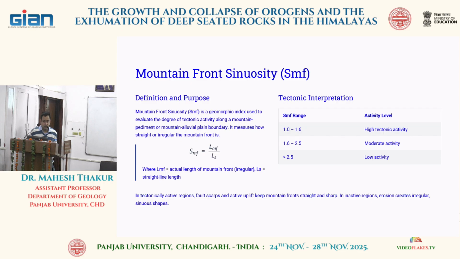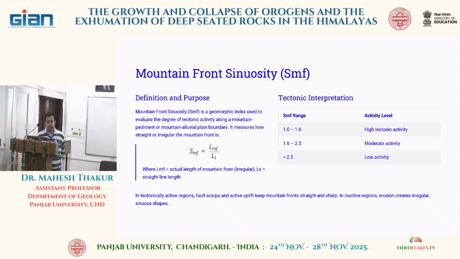So next morphometric parameter is mountain front sinuosity. Mountain front sinuosity is a geomorphic index used to evaluate the degree of tectonic activity along a mountain pediment or a mountain alluvial plain boundary.